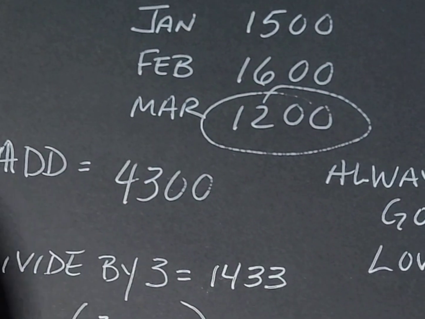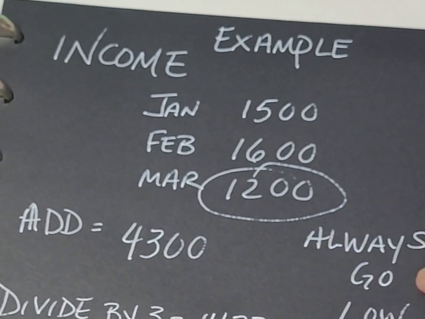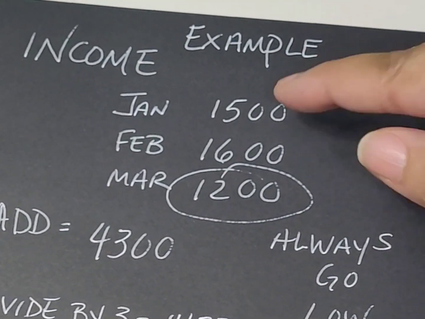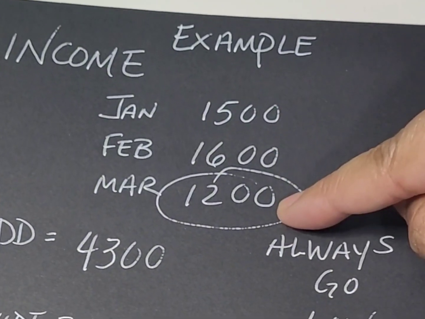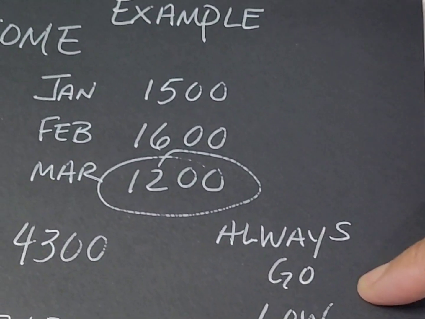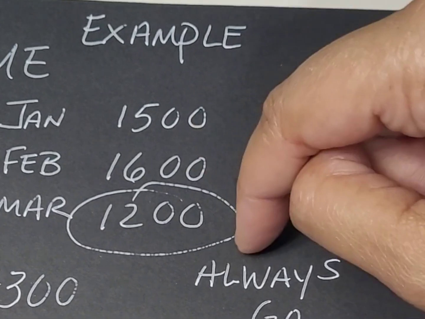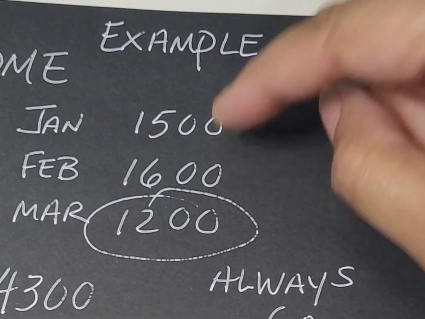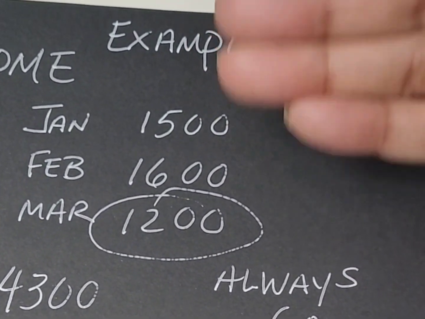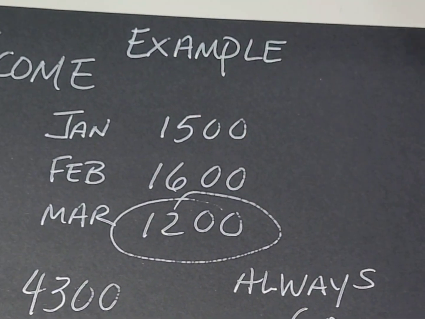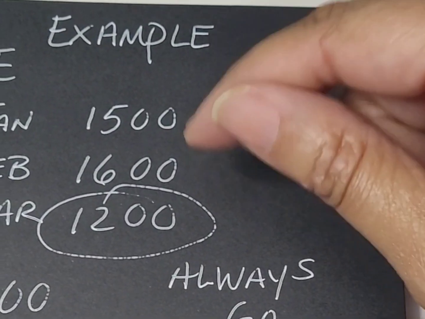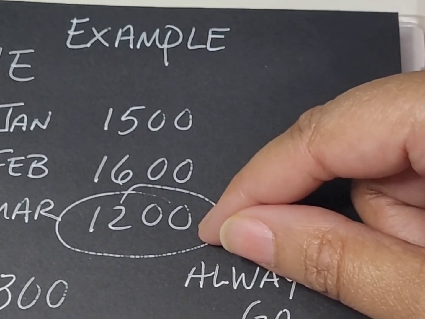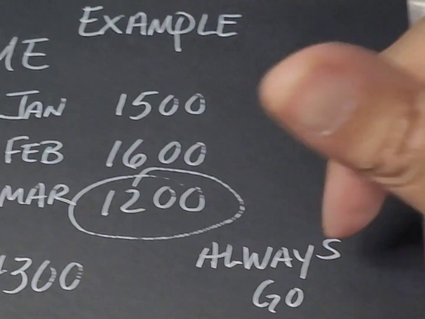When you're creating the amount for your budget, when you're doing your amounts for your income, say you have 3 months of income here, you always choose the lowest amount to go with, because if you come up with it higher in other months, then you'll be prepared and you'll have more money to put into those latter sinking funds. If these are not set amounts and you know that $1,200 is the lowest one that you get all the time, you always go low.